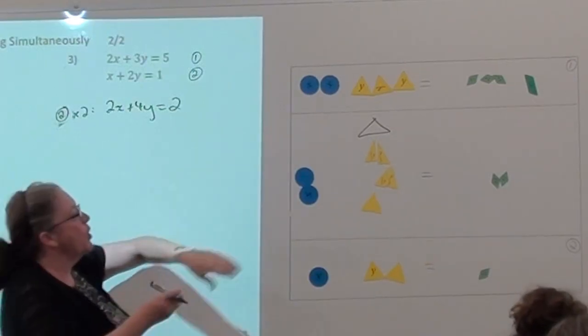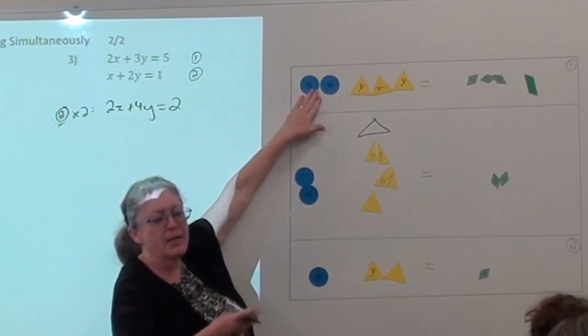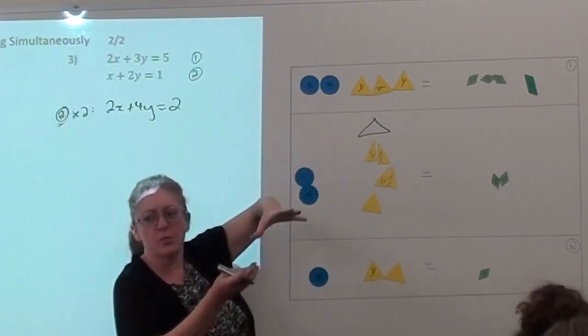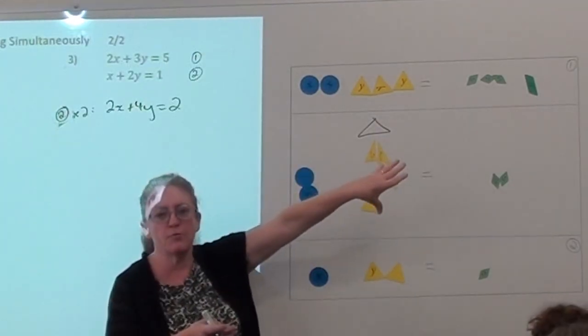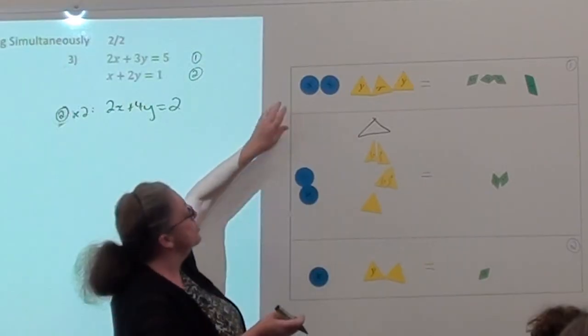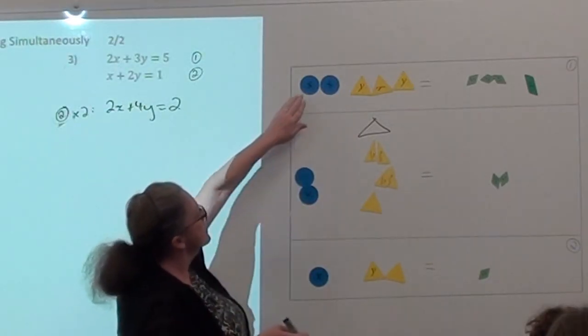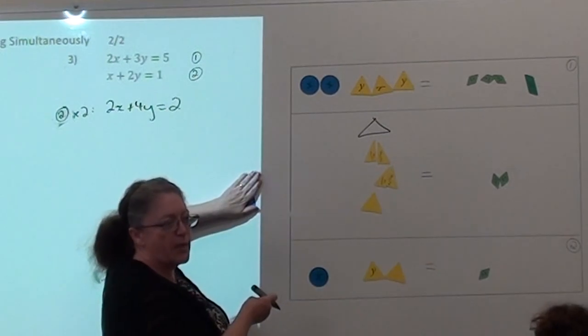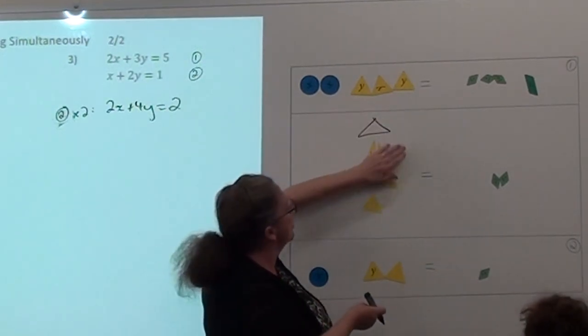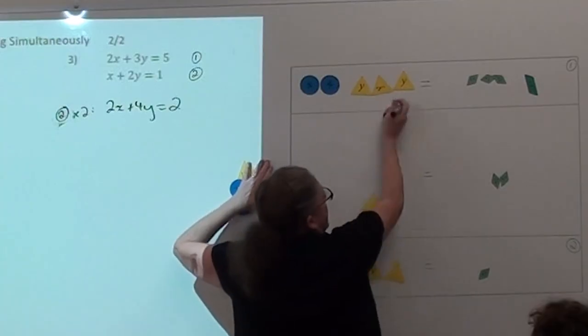Now that we have the coefficients the same, if we add them, of course, they'll just combine. But if we subtract them, or if you need to change this to the negative version and add them, that's what we do. But have a look. There are 2 x's in that equation. I can take them away. There are 3 y's in that equation. I can take them away.